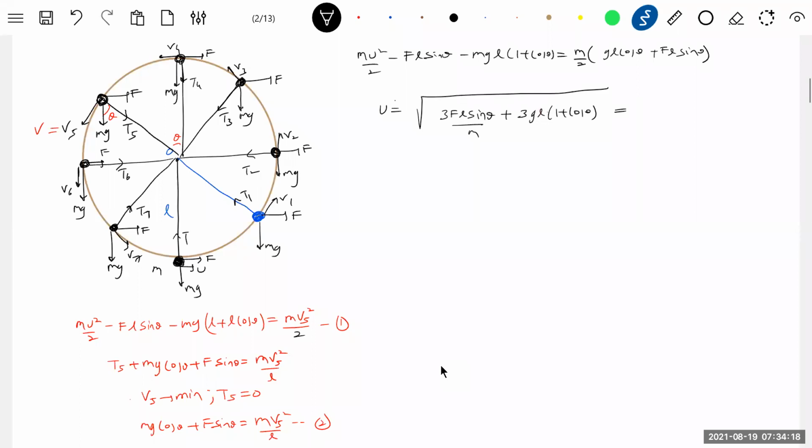Sir, that should be F by m L sin theta. I made it so no m is there in the denominator. Sir, in the previous equation, M by 2 GL cos theta, in that F by M. For F it is not there, sir. Yes, sir. Here F by M, m should be there. Yes, sir.